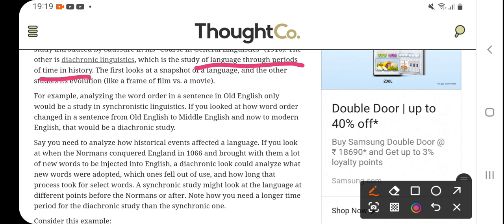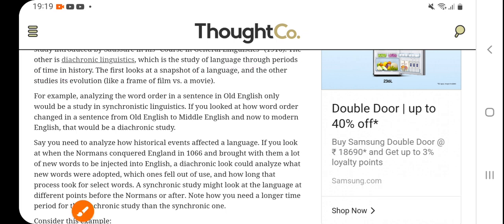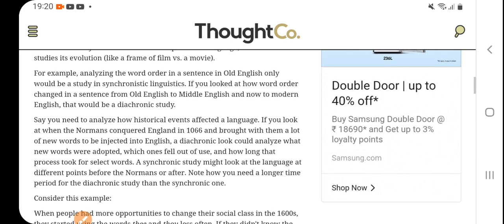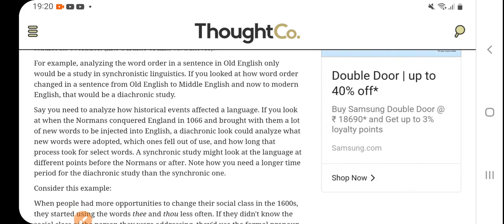The first is a snapshot of a language, and the other studies its evolution, like a frame of a film versus a movie.